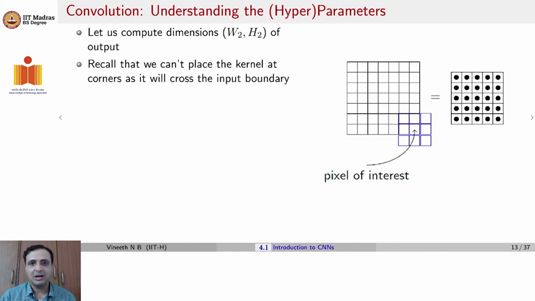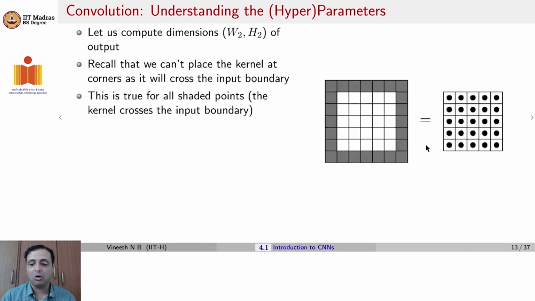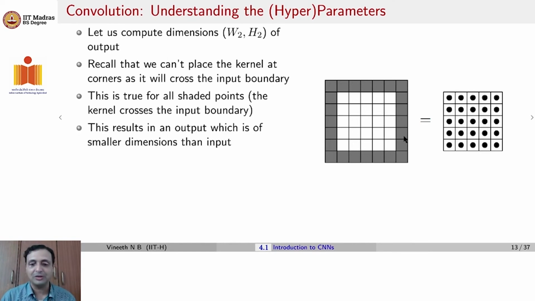Let's try to now understand what happens if you place the kernel at the corners. Remember that if you place the kernel at the corners, you do not have inputs to compute the convolution. So this is a problem with all these shaded regions here, depending on the size of the filter. This results in an output which is of smaller dimensions than the input. We've seen this earlier with convolution, but we are revisiting this to find out what would be the size of W2 and H2.